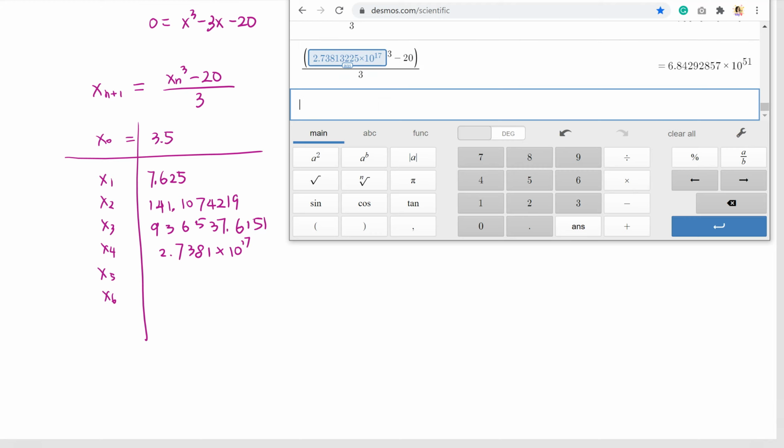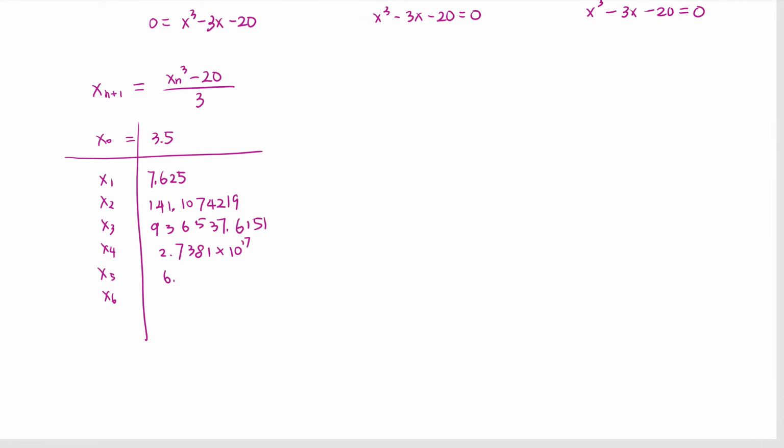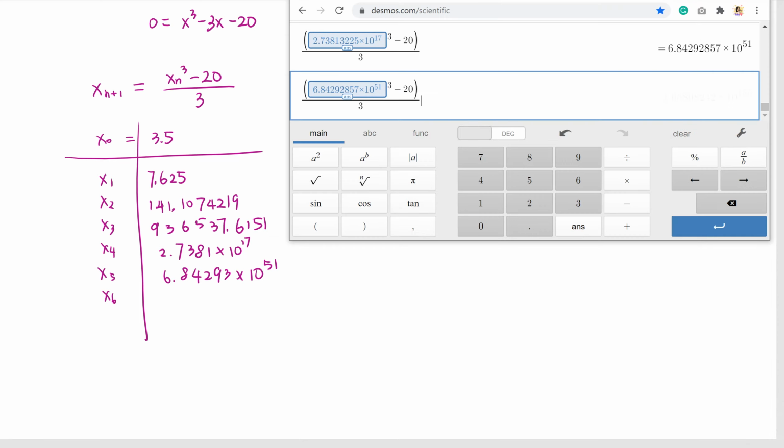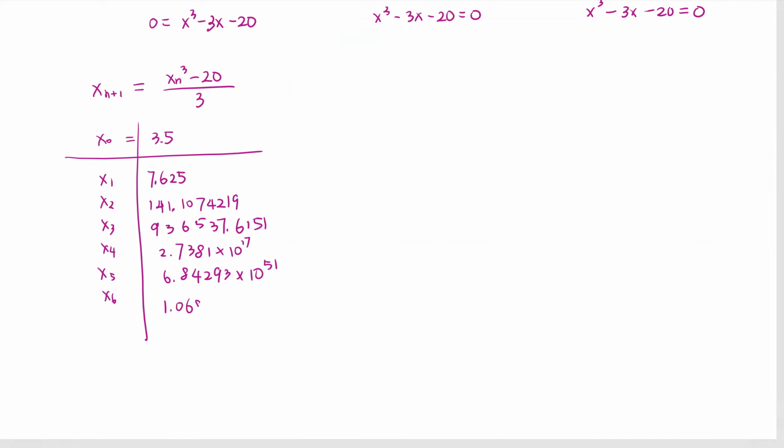Then 6.8429 times 10 to the 51. We know it diverged for sure. Ooh, 1.068 times 10 to the 155. So it diverges. So far, so good, everybody? So it's not converging, it diverges.